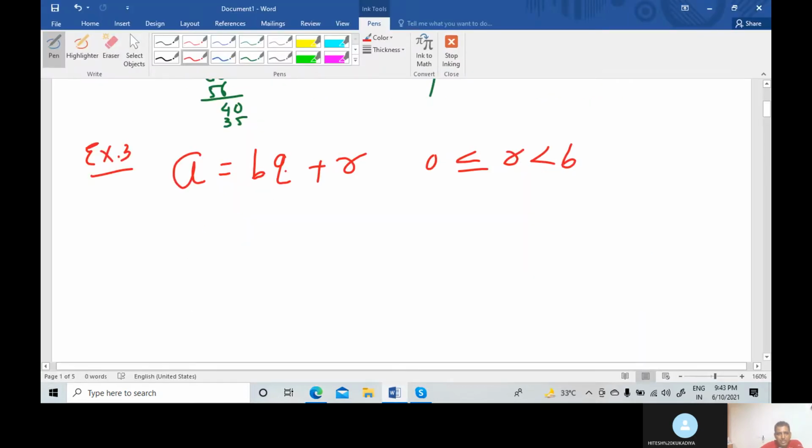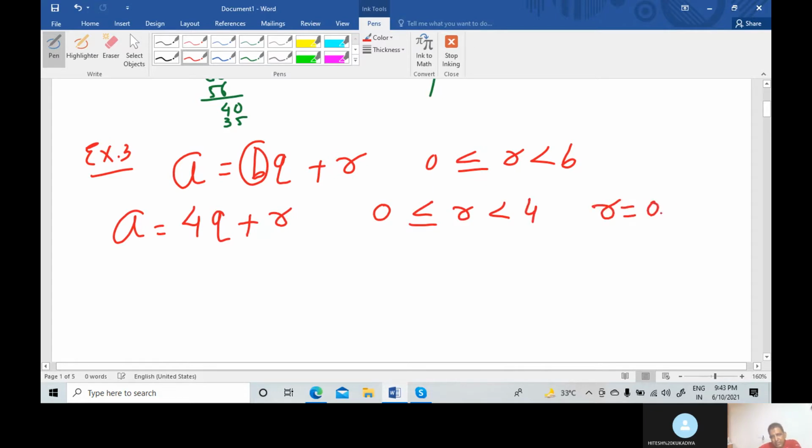So b equal to 4. Place here 4. So a equal to 4q plus r, where 0 less than or equal to r less than 4. So we take the different values of r up to 3: 0, 1, 2, 3, because r is the remainder and is smaller than 4.